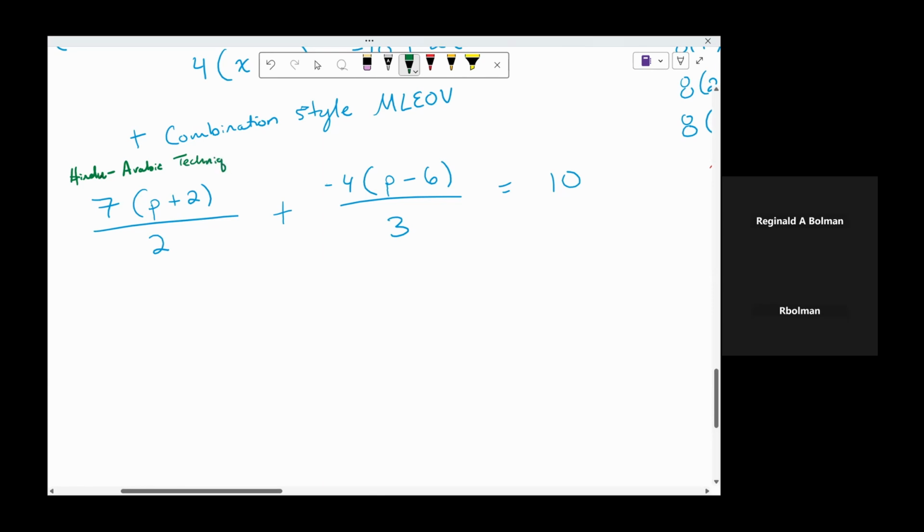Now, the reason I call this the Hindu-Arab technique is that this technique is described in very, very ancient scrolls, the earliest of which were written down by both the Hindu and the Arab mathematicians.